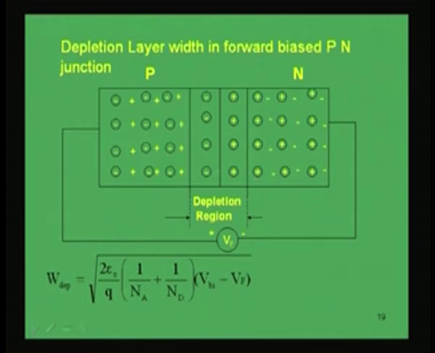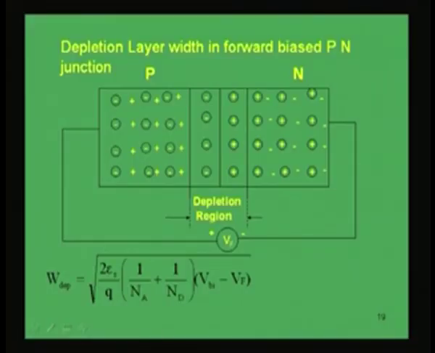Now, if you visualize this width, there are positive charges on the right and negative charges on the left, which are fixed charges, and the number of fixed charges is changed by the forward and reverse voltage, because forward voltage will reduce the number of charges accumulated in the depletion layer, and reverse bias will cause more charges.